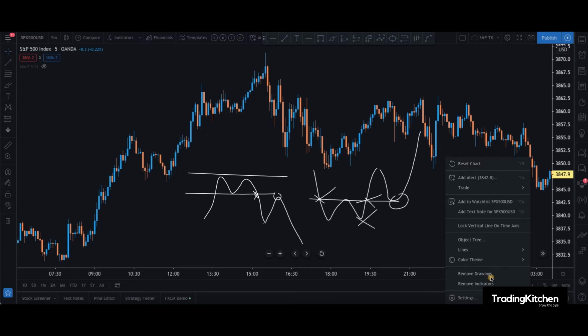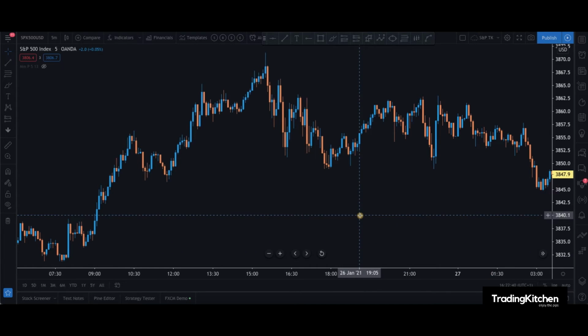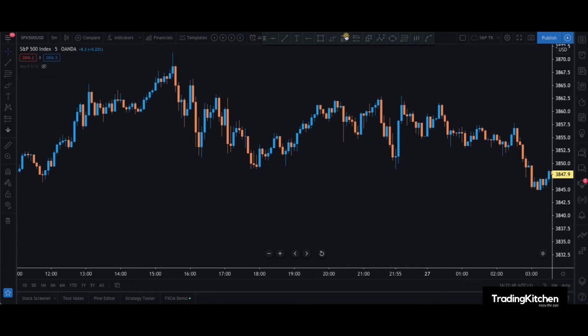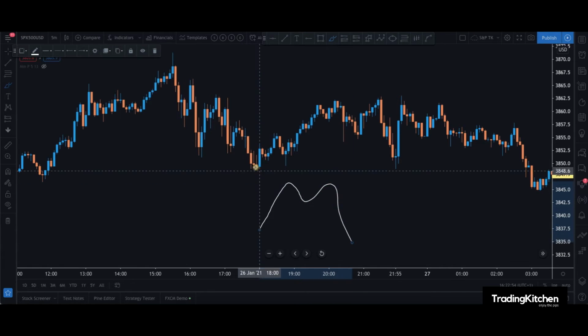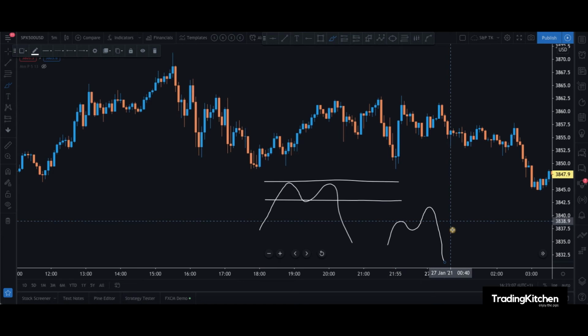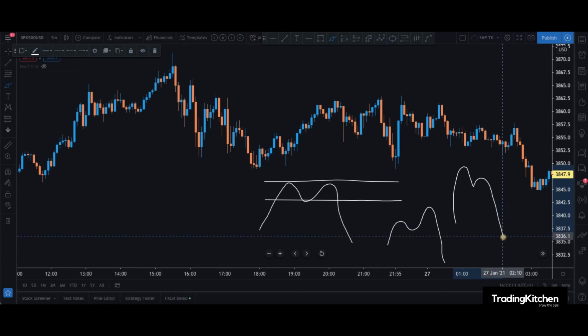In reality, it isn't so easy. Why? Because the formation is not always this perfect double top or double bottom in the case of a W formation. The formation could be this one as well, or could be this one, and this is the neckline.